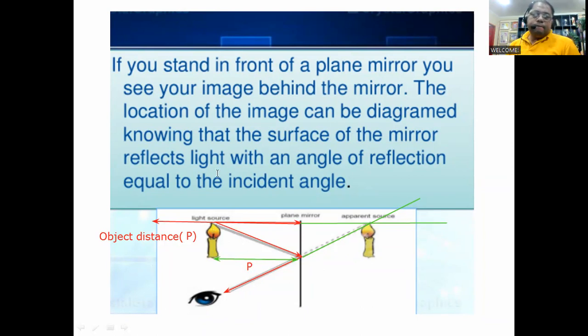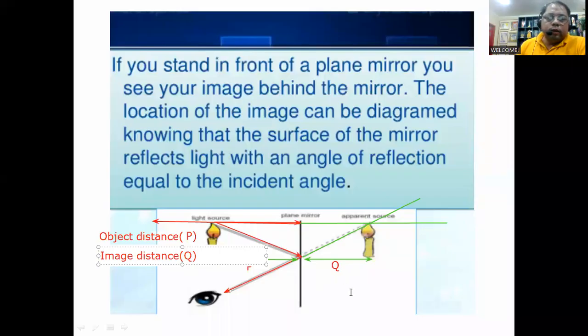Okay, so again, the distance from the mirror to the object, which is the candle, is P, and the distance of the image, which is behind the mirror, is labeled as Q, whereas this one is letter P. Now, they may be in a unit of meters because they are both distances.